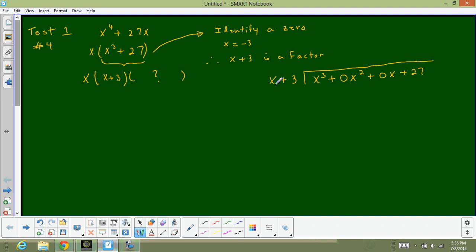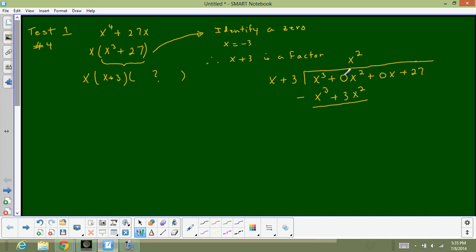Well, I want to match up the x to the x cubed, so that means I'm going to need an x squared. And of course, when you do that multiplication, just the same as in arithmetic, you get x cubed, we planned it that way, plus 3x squared. Now what you do in the arithmetic process is subtract, and we're going to do the same thing in the algebra process.